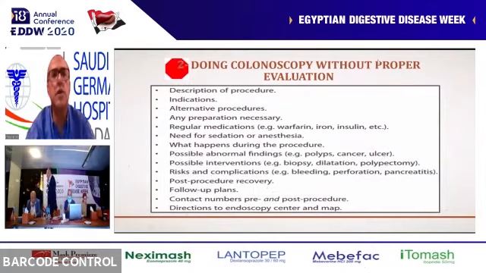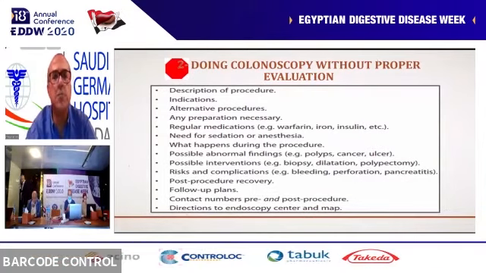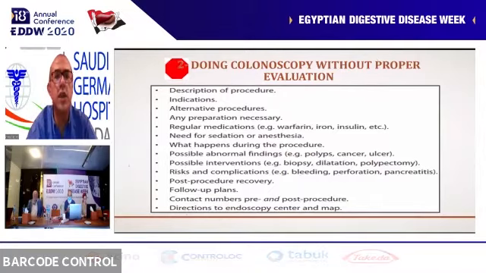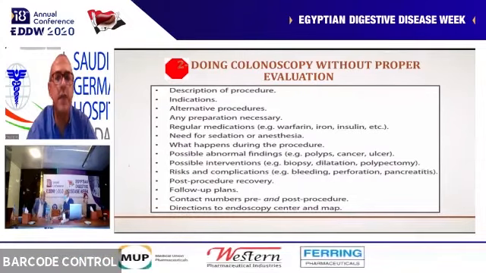This is number one. Number two, don't see the patient for the first time on the table for endoscopy. The patient should be met before the procedure, and the procedure should be described, with the indication and the alternative procedures, and what the patient expects to have during the procedure, and the possible therapeutic options. Importantly, take the medical history of the patient: if he's using any antiplatelets, anticoagulants, if he's diabetic, hypertensive, and the expected risks and complications which may happen.